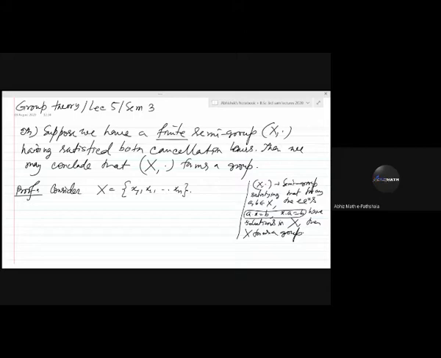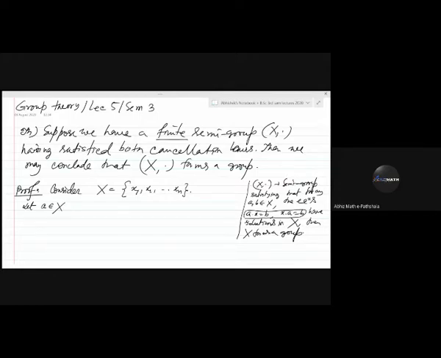So let us suppose that a is any element of X, that is one of x1, x2, ..., xn. Arbitrarily speaking, let it be small a.